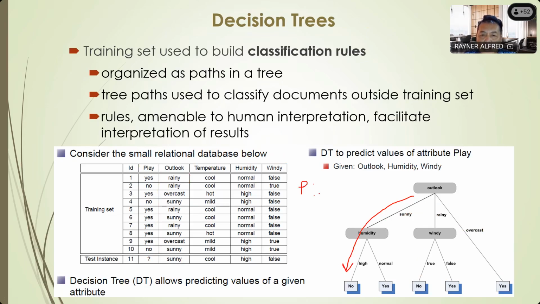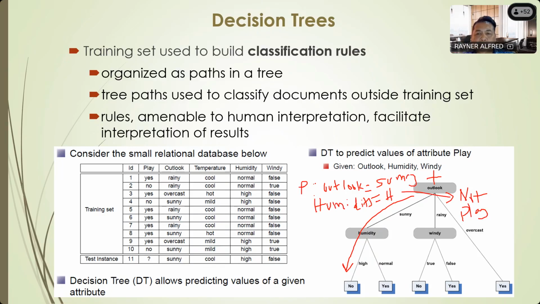The predicate here says that if you have outlook equal to sunny, and you have humidity equal to high, then we will not play. This is the predicate, or expression, of one of the paths that we have in the tree.